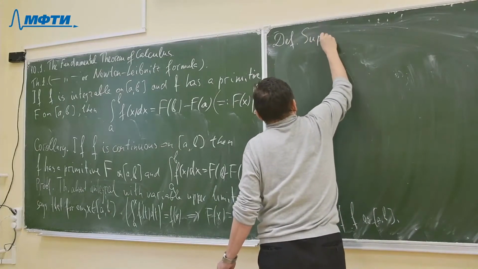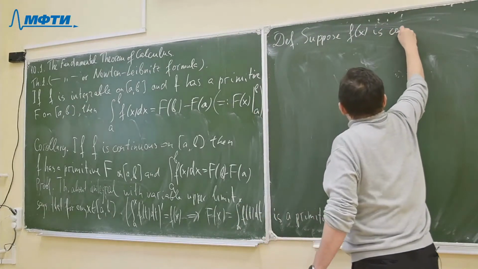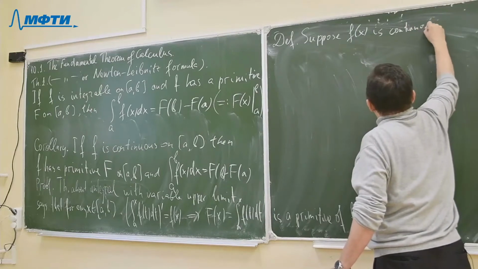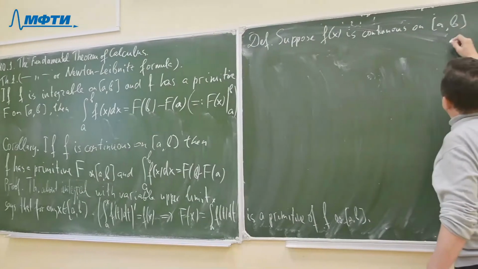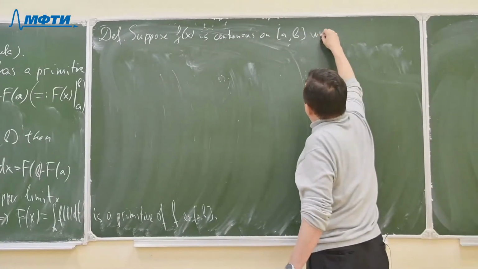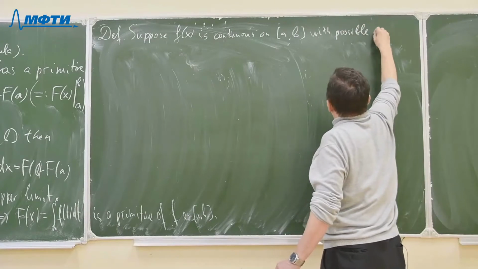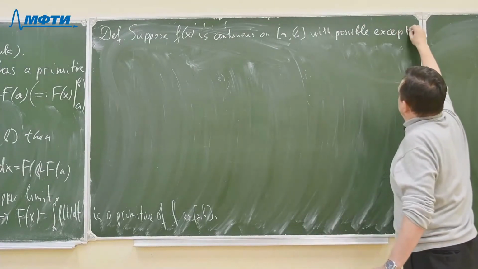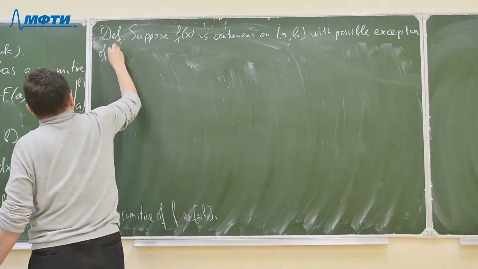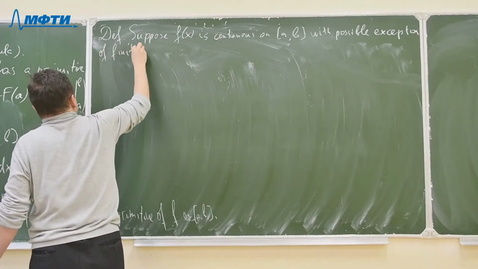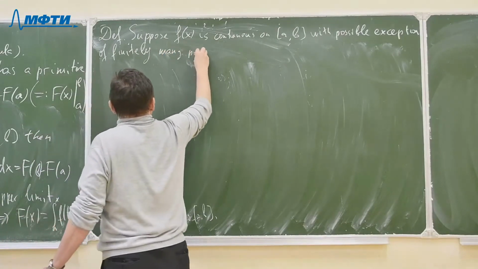Suppose f of x is continuous on AB with possible exception of finitely many points.